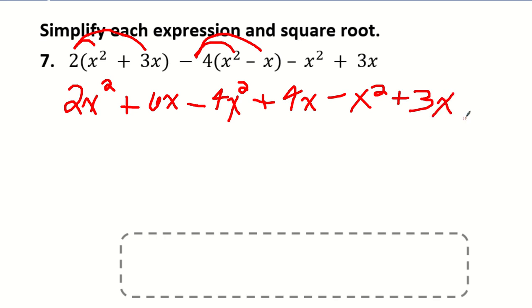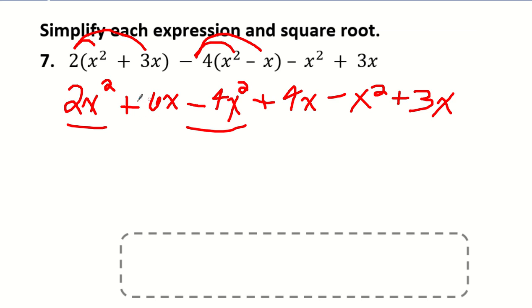And then just remember that like terms are terms that have the same variable with the same exponent. So like this term and this term are not combinable. They're not like terms. But the 2x squared and the negative 4x squared, remember, there's another big thing. The sign in front of the term is a part of the term.